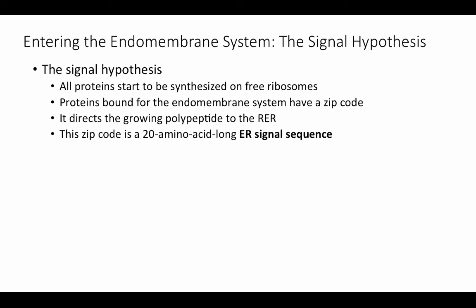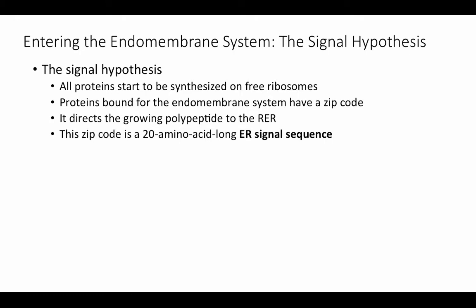So let's put all of this together, what we've done so far, and see how this would actually work. And so the best model that we have right now for how materials move through this endomembrane system is what we call the signal hypothesis. So according to the signal hypothesis, all proteins start to be synthesized on free ribosomes. So they're going to start to synthesize their protein.